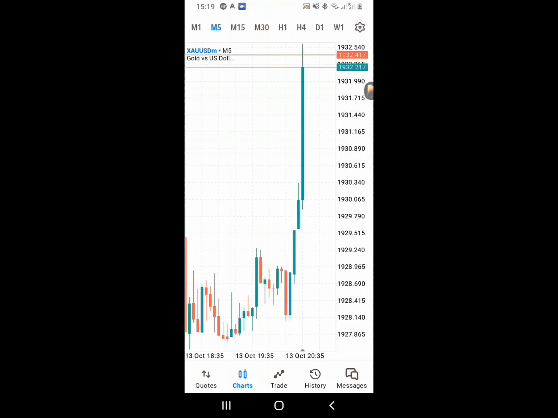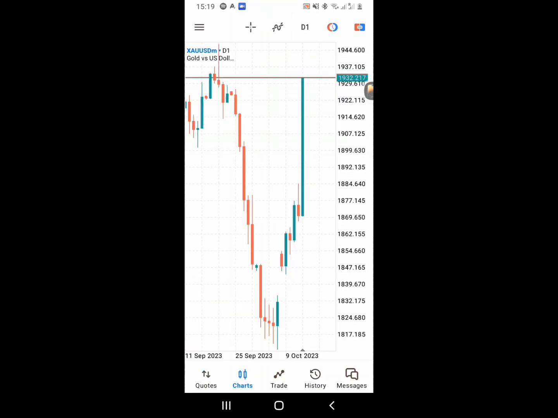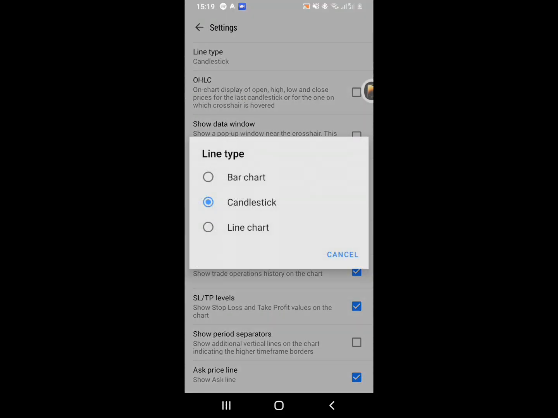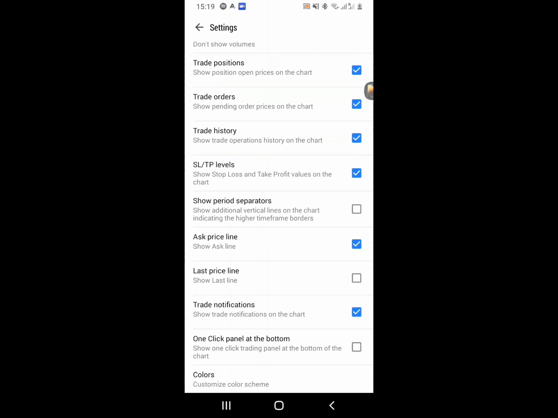because I'm going to change the color of my candlesticks due to the new strategy that I'll be using. I'll be using black and blue for this theme.